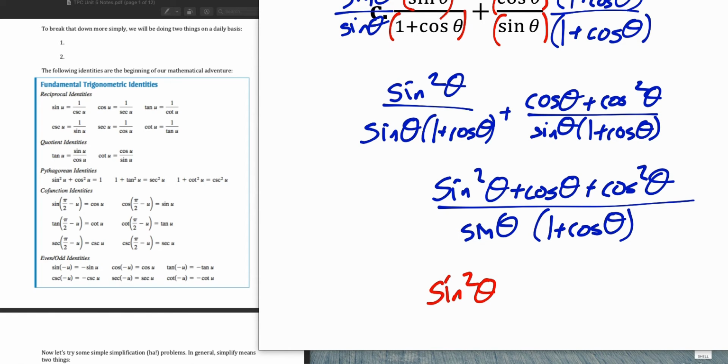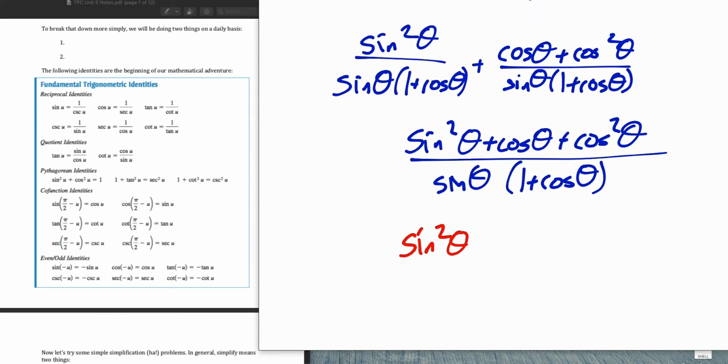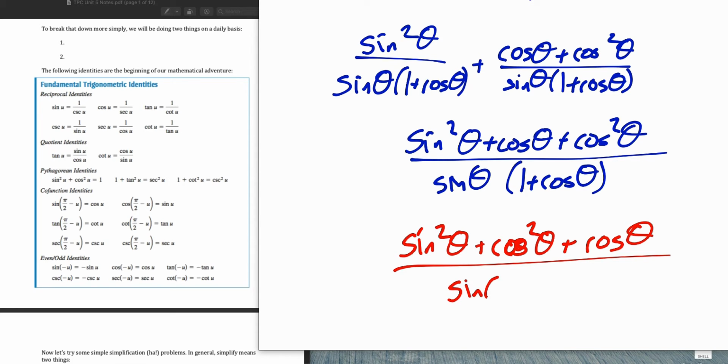Remember, addition is commutative, so we can move the sine squared and cosine squared next to each other, and we'll just have plus cosine on the end, all over sine of theta times 1 plus cosine of theta.